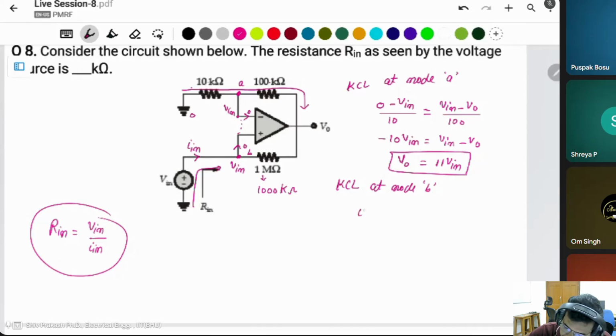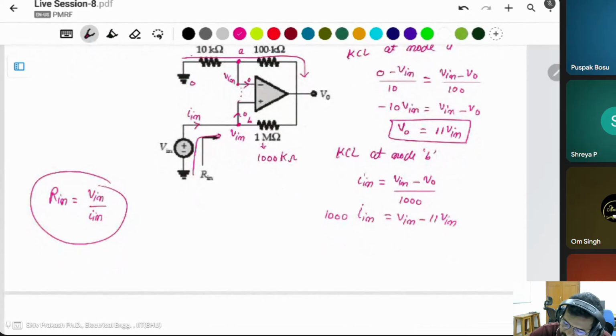Iin is equal to Vin minus Vo divided by the 1000K resistance. So 1000 Iin is equal to Vin minus 11 Vin, replacing Vo with 11 Vin. 1000 Iin is equal to minus 10 Vin.